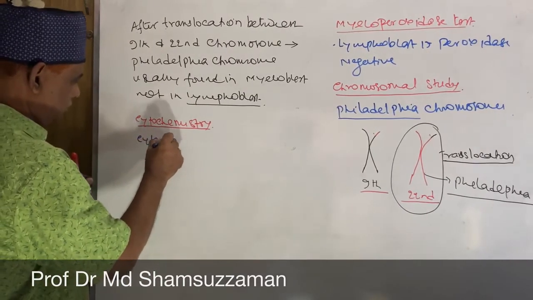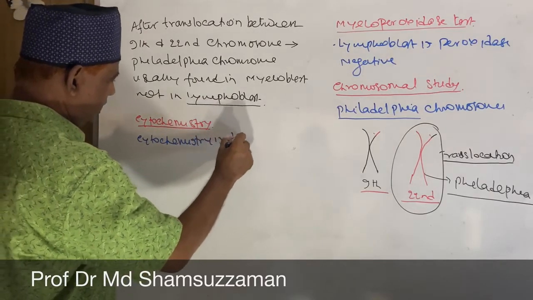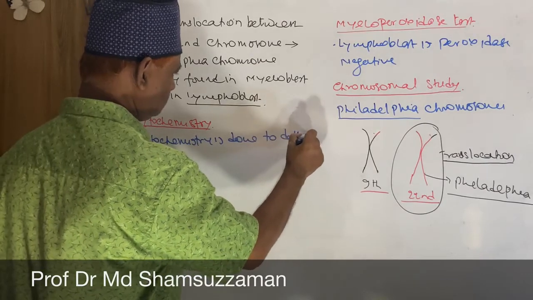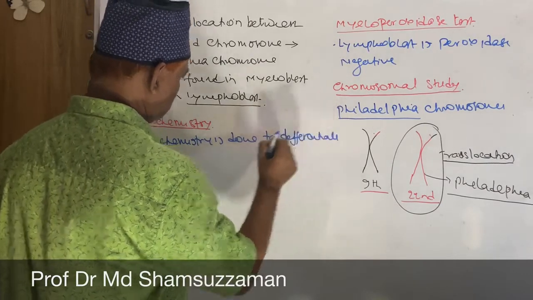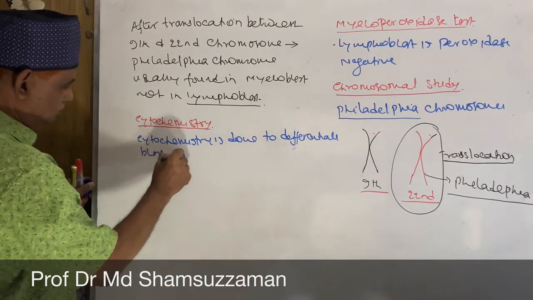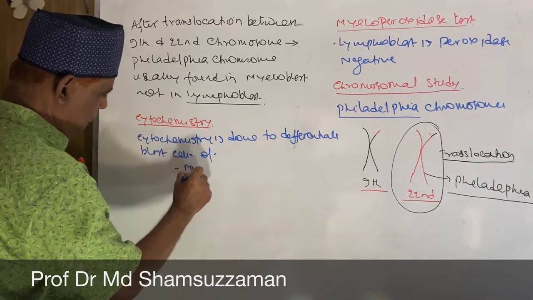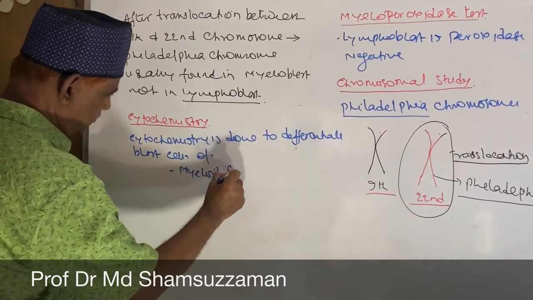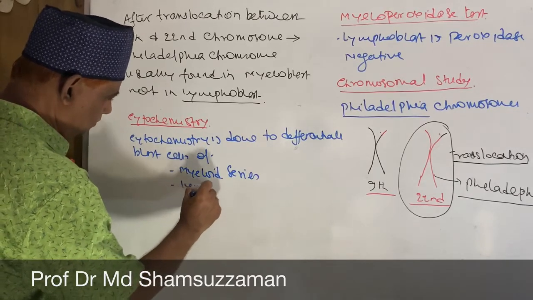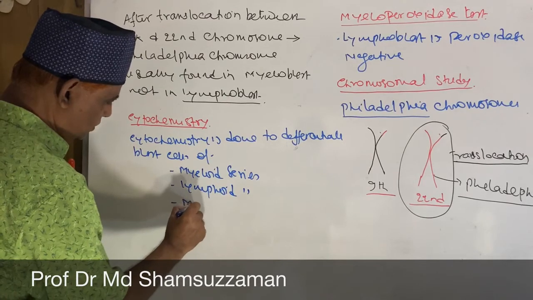Cytochemistry is done to differentiate blast cells of myeloid series, blast cells of lymphoid series, and blast cells of monocyte series.